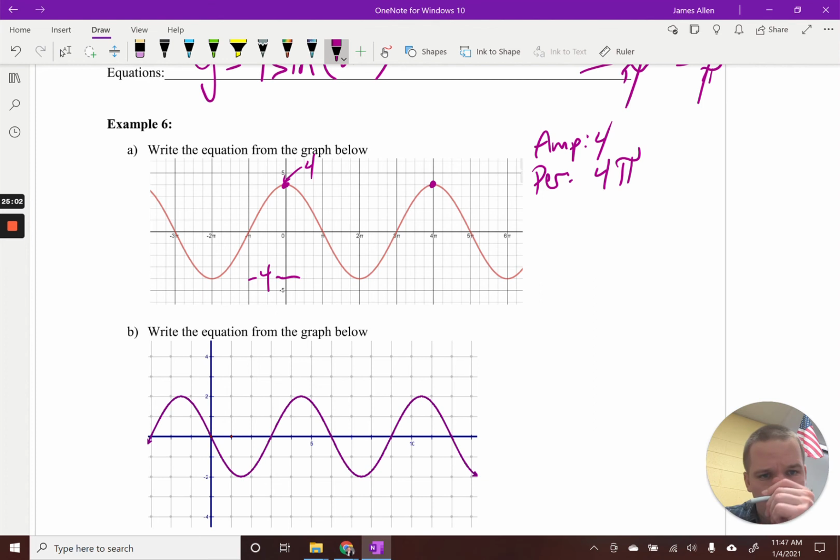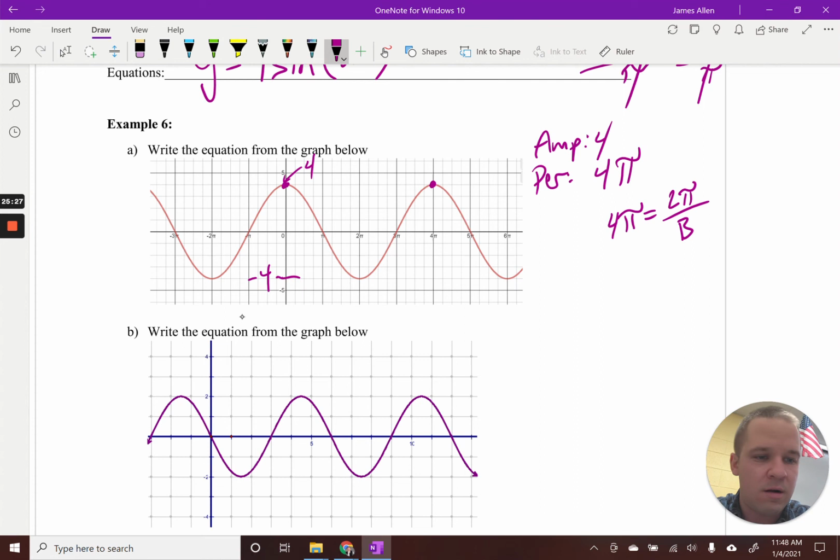Okay, cool. So I've got my period, I've got my amplitude. It's starting on that y-axis, so there is no phase shift. We haven't really dealt with that yet in this particular class. I think we have all the information we need, except I do need to find my period multiplier, just like we did in the previous problem. So I'd have 4 pi is equal to 2 pi over omega, or, you know what, I'm going to use B this time just because I'm crazy like that.